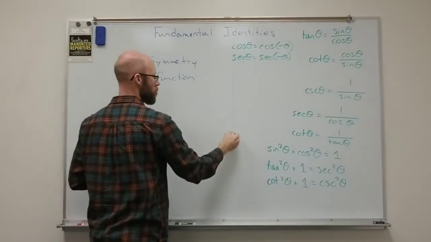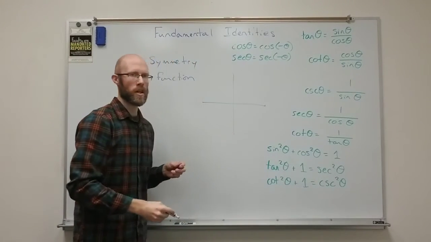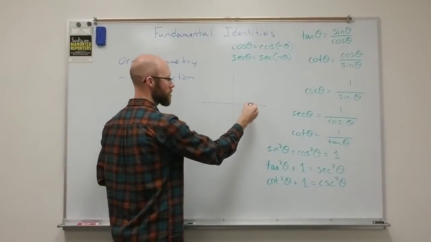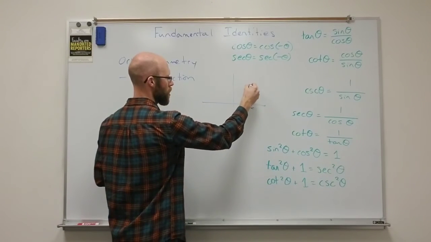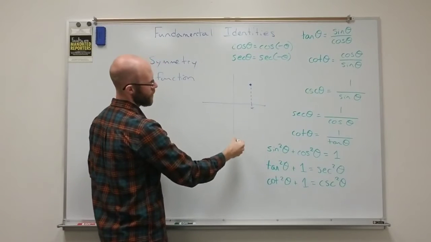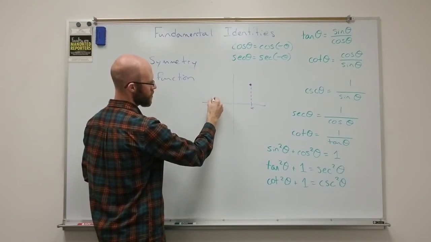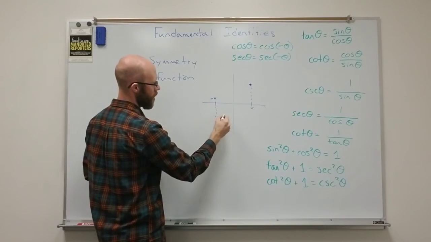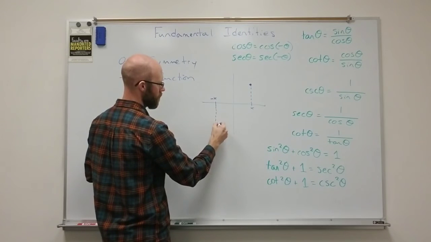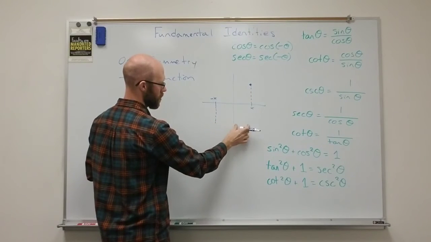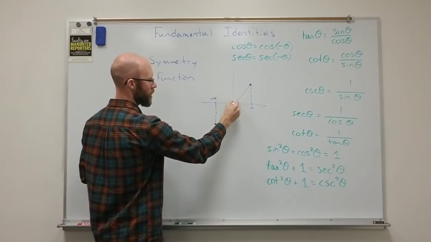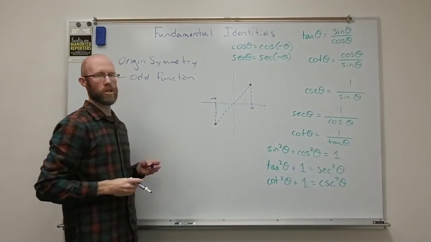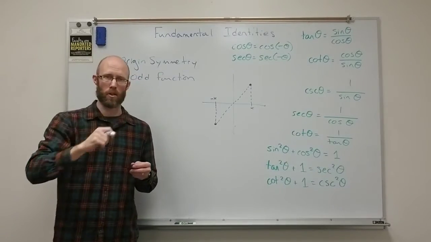And remember, with origin symmetry, if you input a positive x value, wherever the output is, then if you input the negative x, you get the opposite output. Right, and so you have a reflection between them through the origin, not across the y-axis, but through the origin.